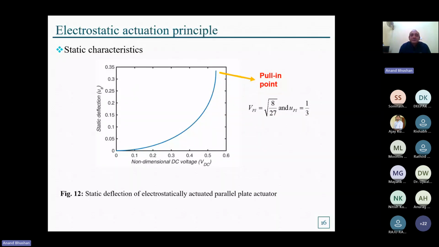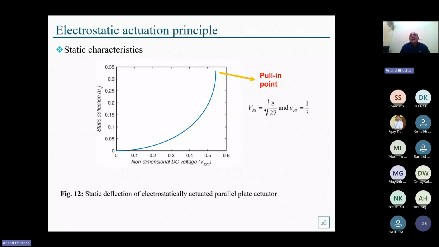Its meaning is that when we reach VPI equal to square root of 8 by 27, and increase this value slightly more than VPI, the movable plate is struck down to the fixed plate. This is a kind of instability that exists in all electrostatically actuated MEMS devices, and this particular point is known as the pull-in point.